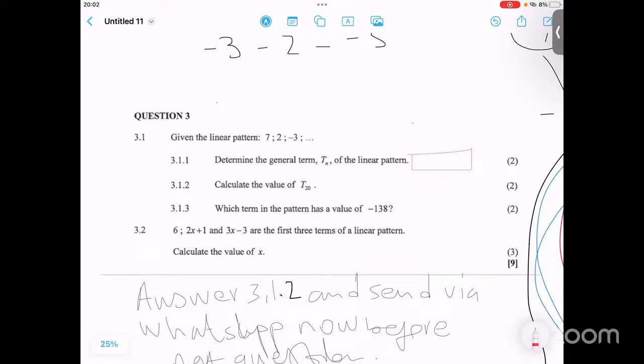Yes, the 3.2. Okay, I just want to check the Alice, that 3.1.3.